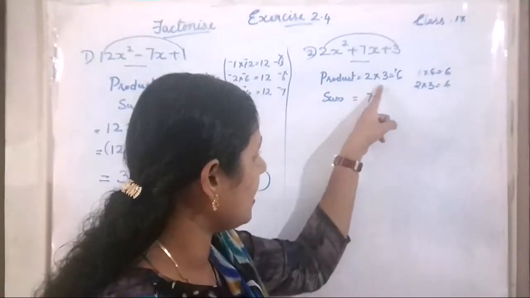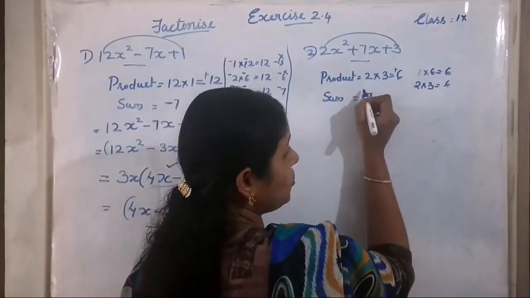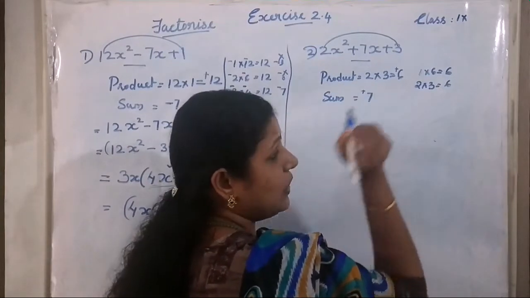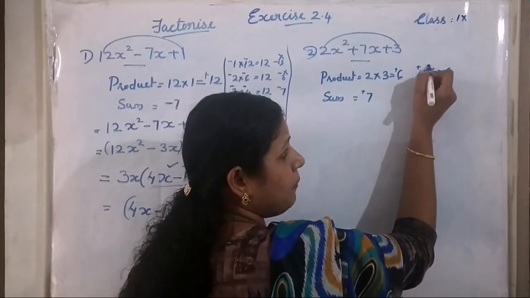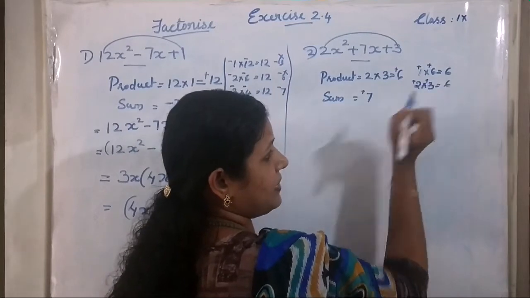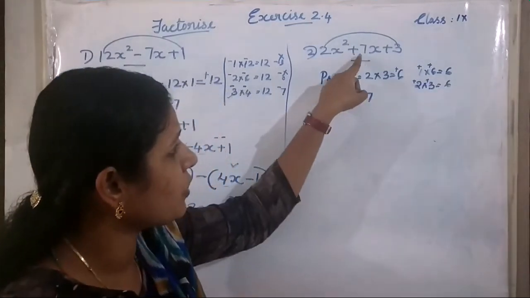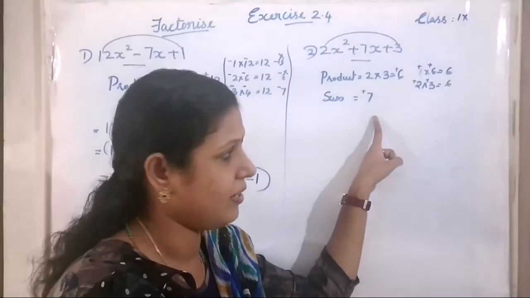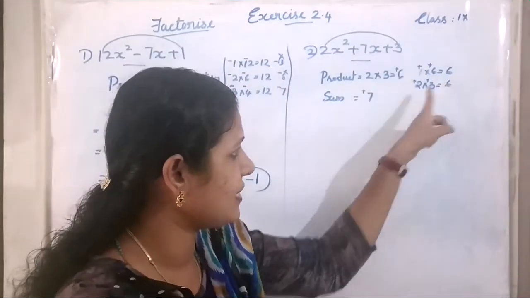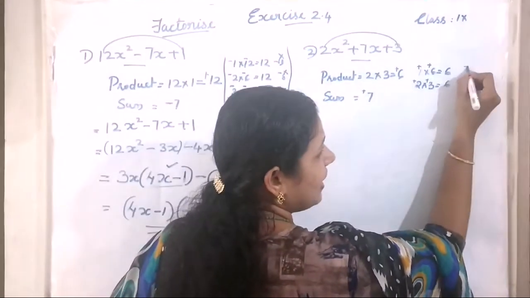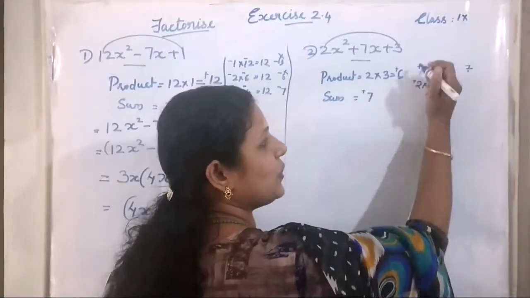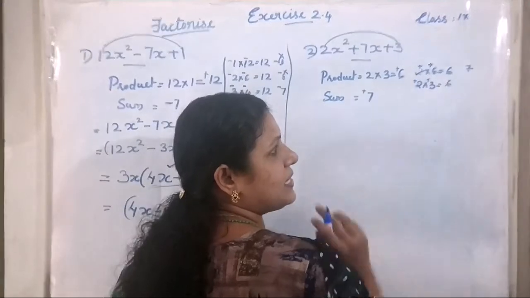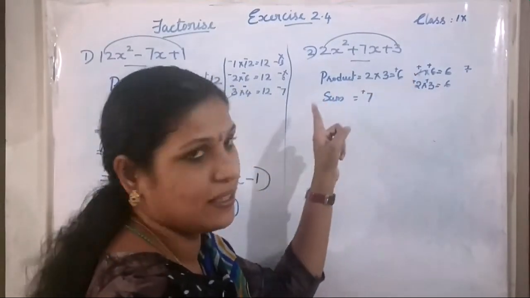So first we check the sum sign. Here the sum sign is also plus, so the numbers are plus. Now we add. We need to get this sum as 7. So 1 into 6 is 6, and 1 plus 6 is 7. So these are the numbers.